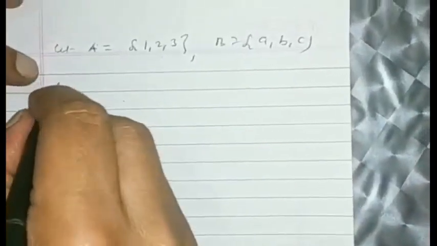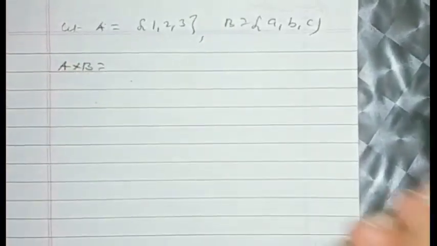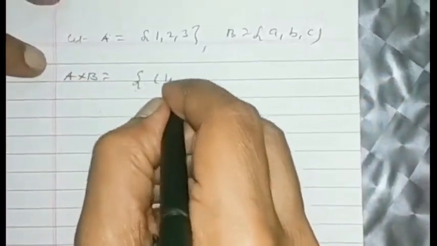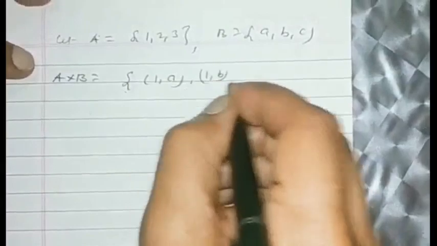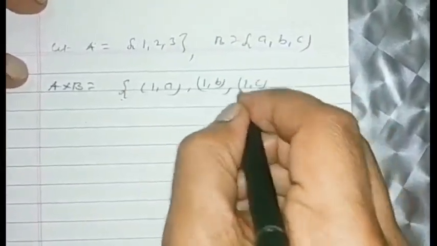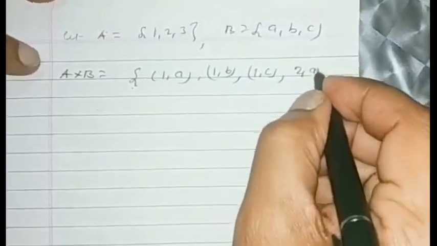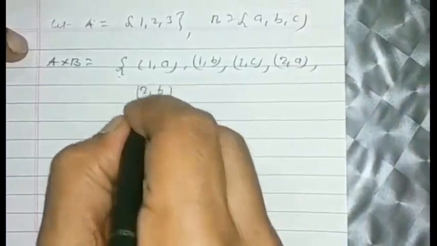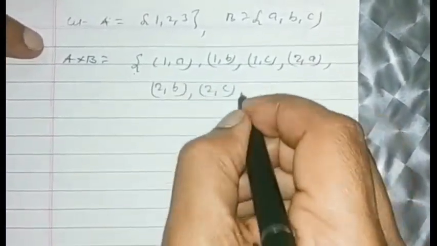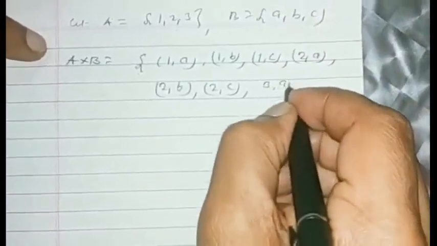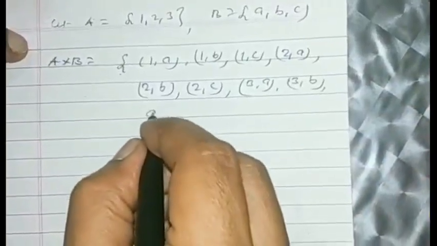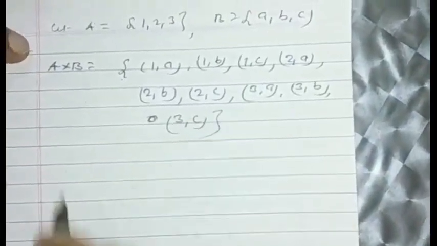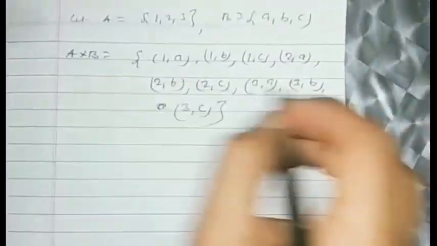Now we have to find A cross B, the Cartesian product of sets A cross B. Therefore (1,a), (1,b), (1,c), (2,a), (2,b), (2,c), (3,a), (3,b) and (3,c). These are the ordered pair elements of A cross B.